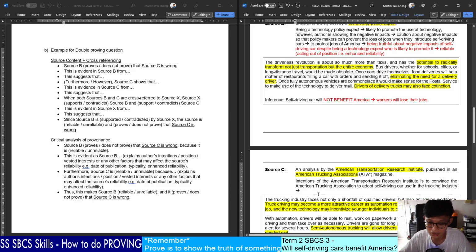Okay, so this is the intention. So the intention of the American Transportation Research Institute is to convince the trucking association to adopt the self-driving car.